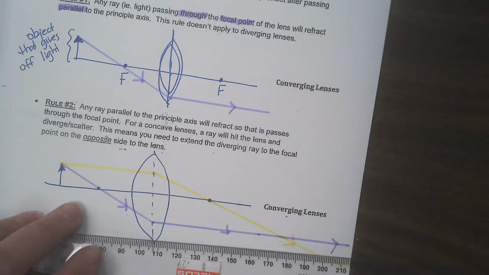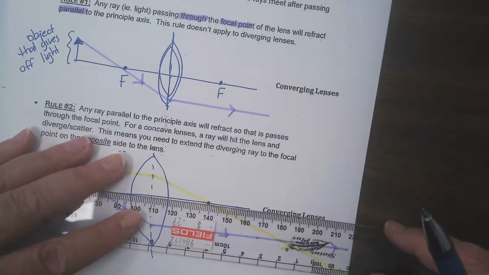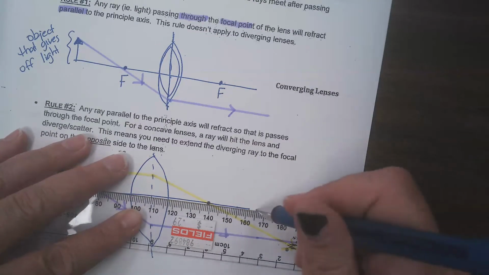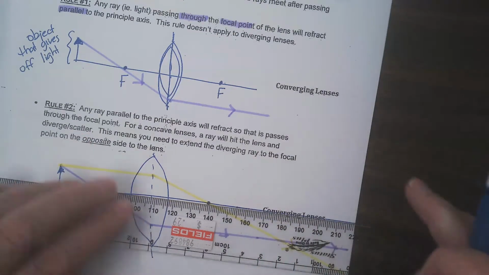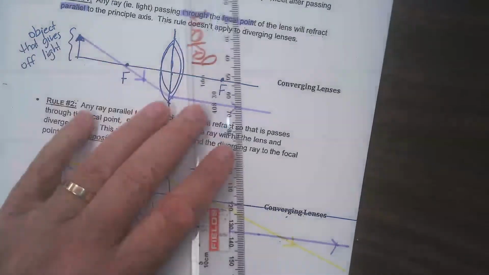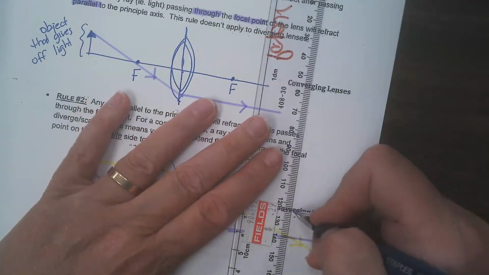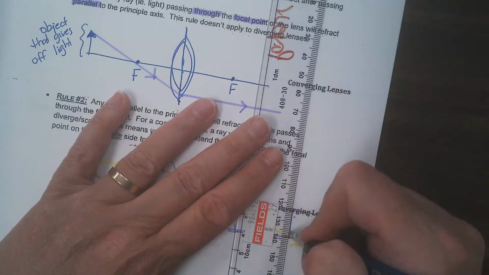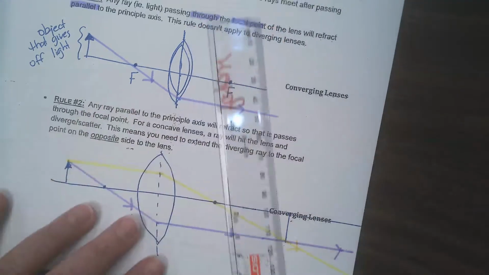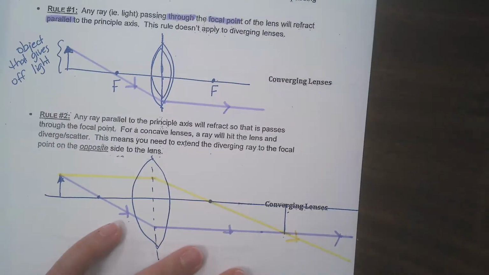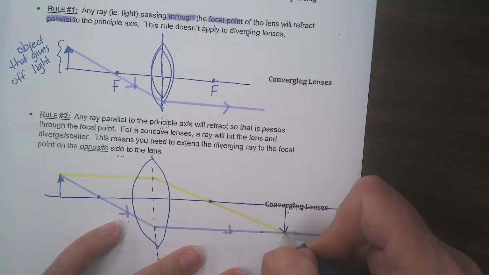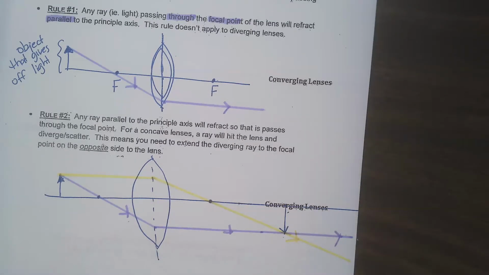What we see is, Mrs. Pyre would have drawn this right at the beginning, is that where these two lines meet is our image. Okay?